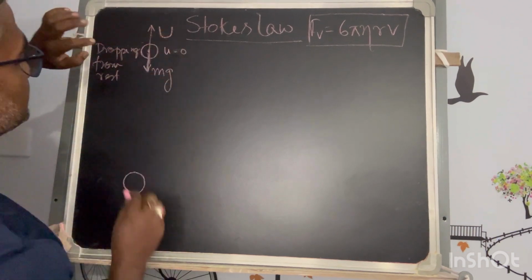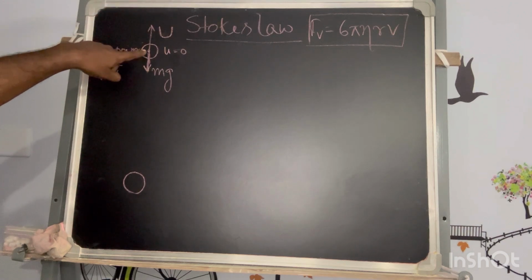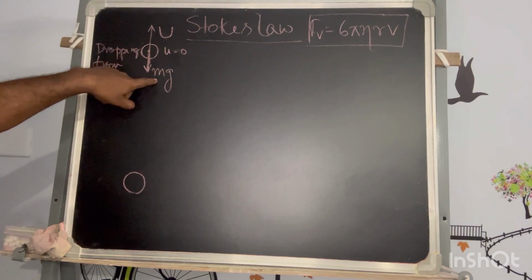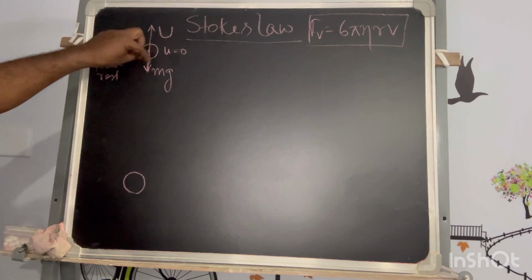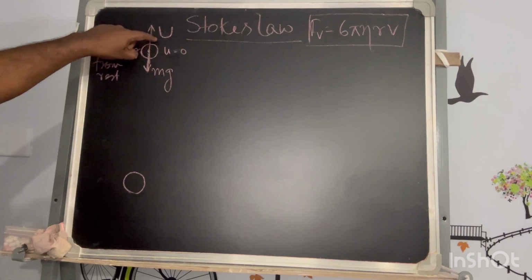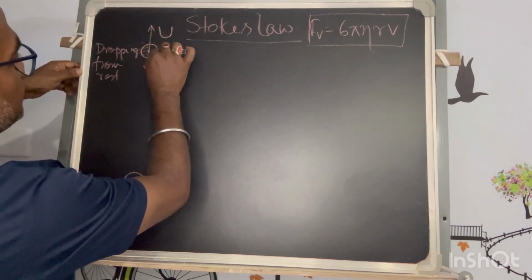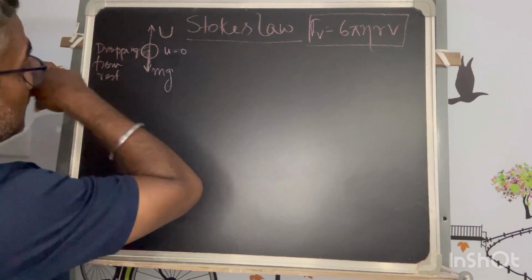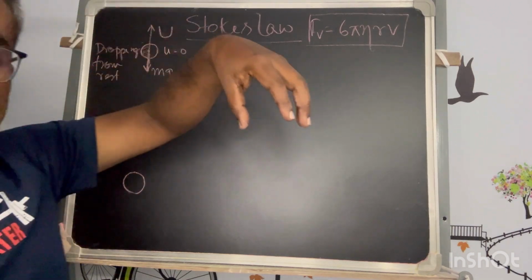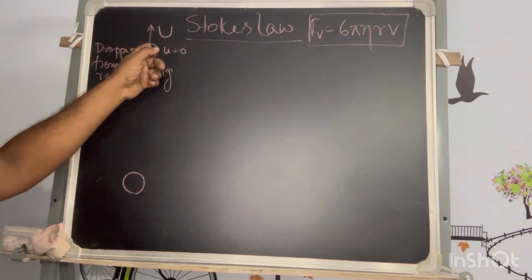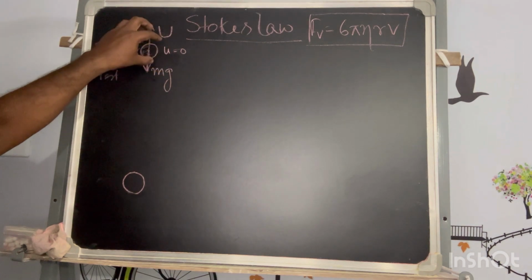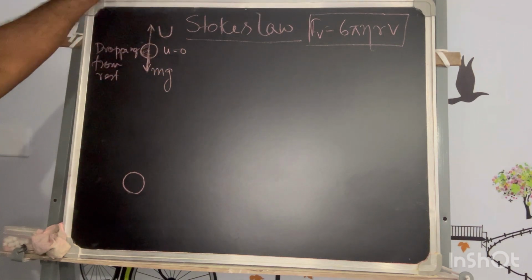So the initial velocity is 0. The force balance for this case is the weight of the body which is working downward, and the upthrust is due to the medium it is displacing, because we are assuming it is falling through air, so it is already submerged in the air, because air is everywhere. So this is the equivalent amount of volume it is displacing, so that upthrust will be there.